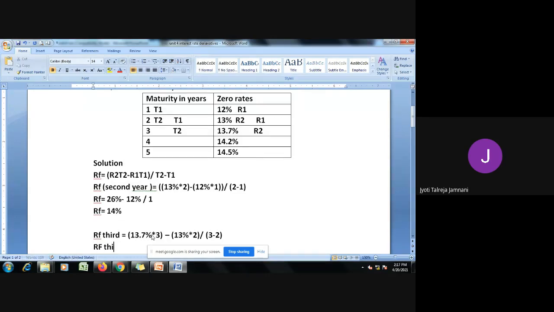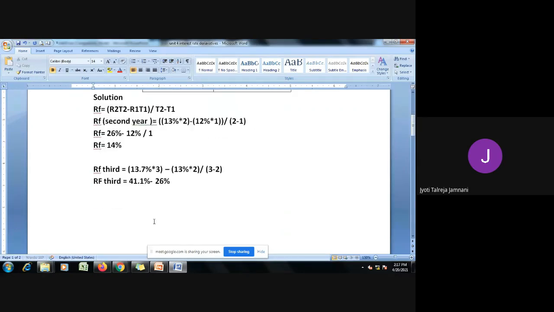So RF for the third year will be equal to 13.7 into 3, which is 41.1%, minus 13 into 2, which is 26%, divided by 1. So 41.1 minus 26, you get 15.1. RF for the third year is 15.1%.